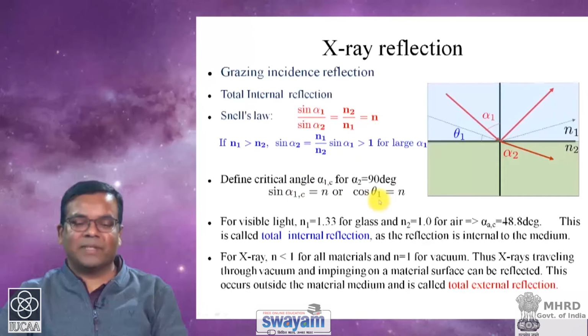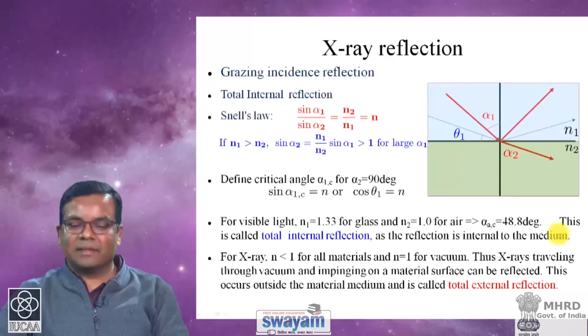One can write the same expression as cos theta 1 is equal to n, where theta 1 is the grazing angle and it is 90 minus alpha 1. For visible light, the refractive index n1 is 1.33 for the glass and n2 is equal to 1.0 for the air. Therefore, the critical angle alpha 1c becomes 48.8 degrees.